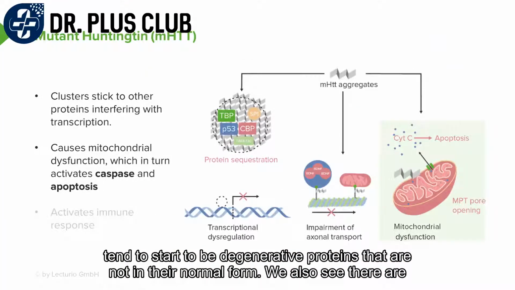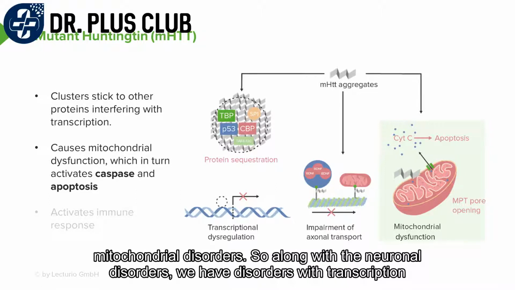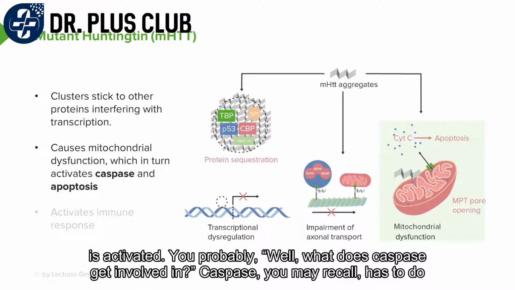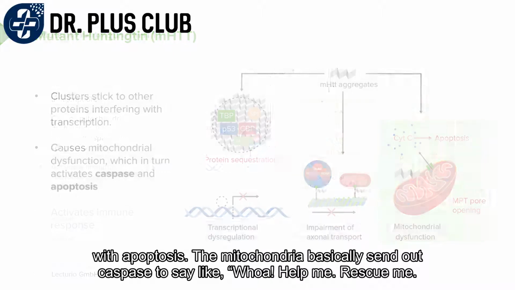And we also see there are mitochondrial disorders. So along with the neuronal disorders, we have disorders with transcription of other genes and then destruction of mitochondria, which result because somehow the caspase system is activated. And you probably wonder, well, what does caspase get involved in? Caspase, you may recall, has to do with apoptosis.